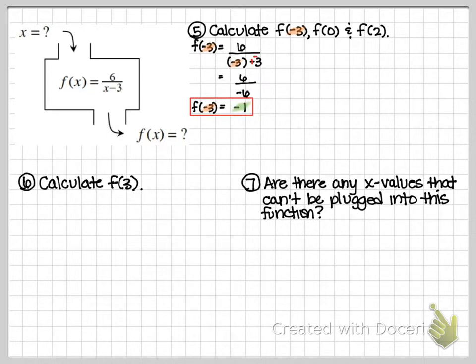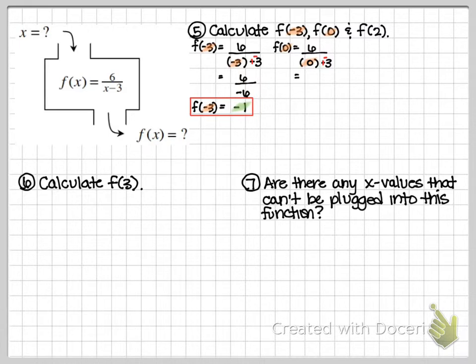Okay, same process on the next two. So I'm going to do f of 0. That's my x value that I'm plugging in. So I'll write my function. Wherever I see an x, I'm going to take it out and put parentheses in its place, and that's where my 0 is going to go. I don't like the subtraction on this one either, so I'm going to fix that and turn it into a negative with a plus sign.